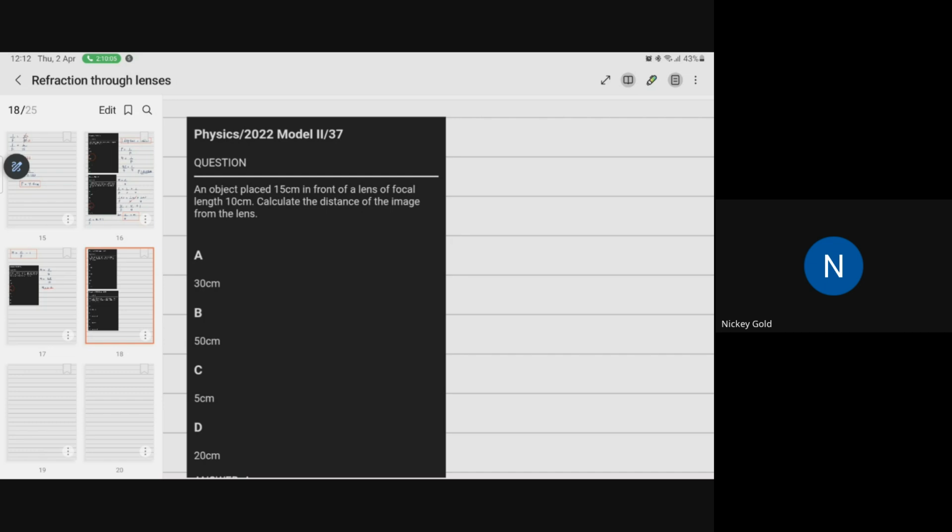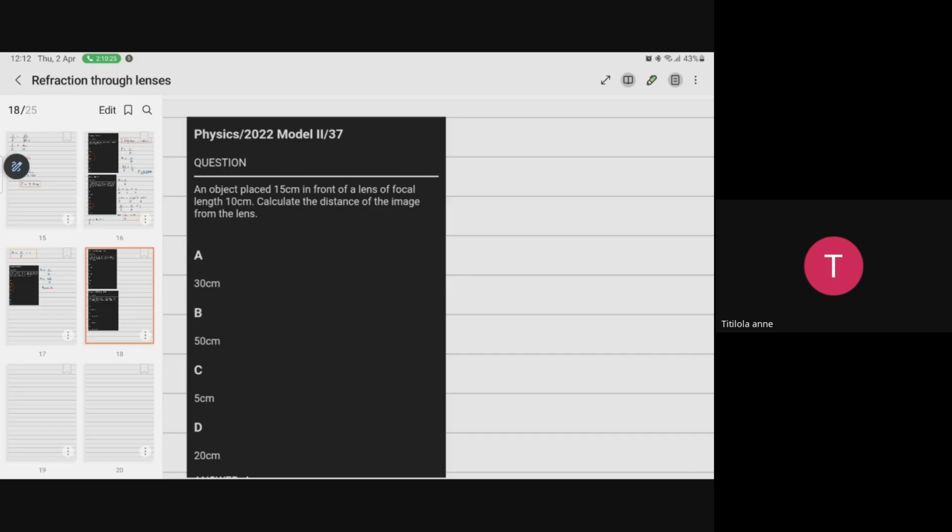All right, very fast. Sir, the answer is A. The answer is what? A, 30 centimeter. The answer is A, 30 centimeter.